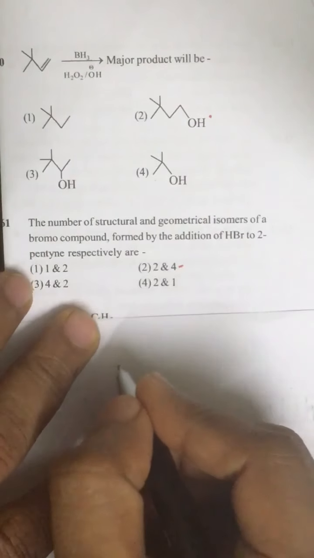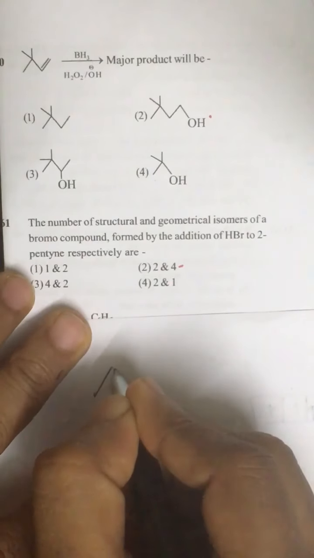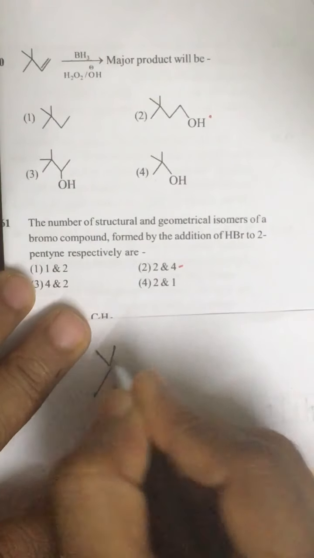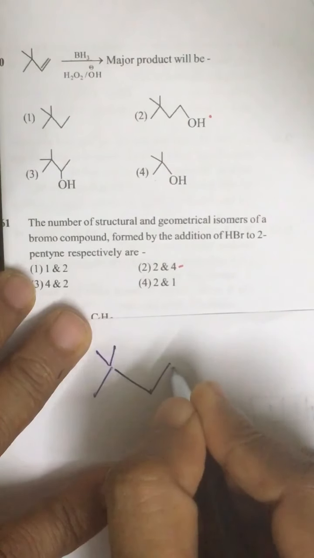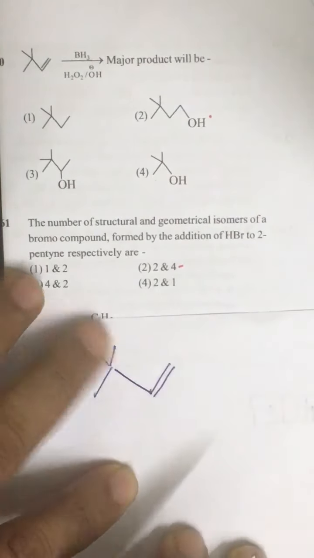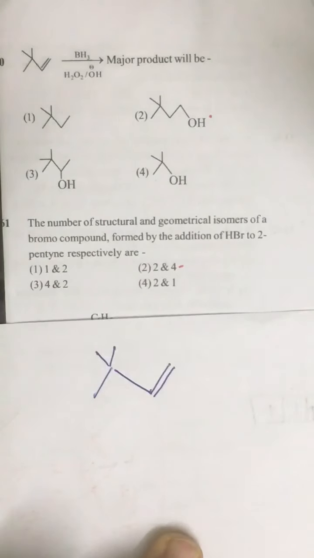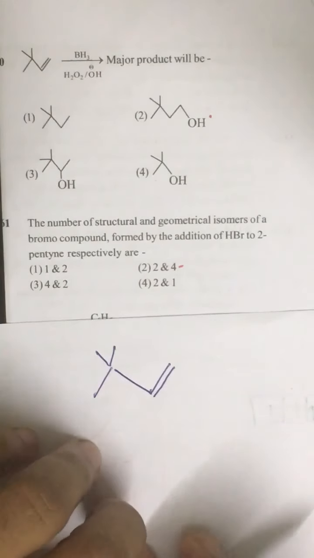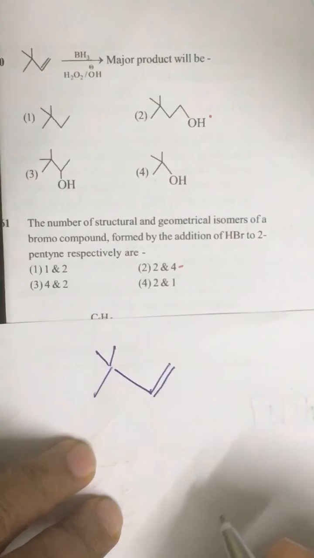So during the HBO reaction, what you must remember is there is no rearrangement of carbocation, and it is simply the addition of H and OH according to anti-Markovnikov's addition.